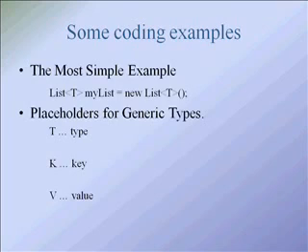This is one of the simplest examples that can be found with generics. List, then within angle brackets T, myList equals new List within angle brackets capital T, curly brackets, then the terminating character semicolon.